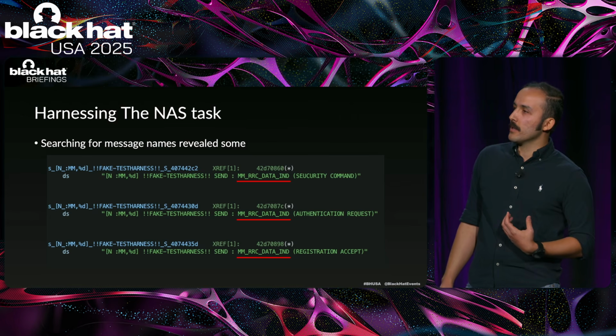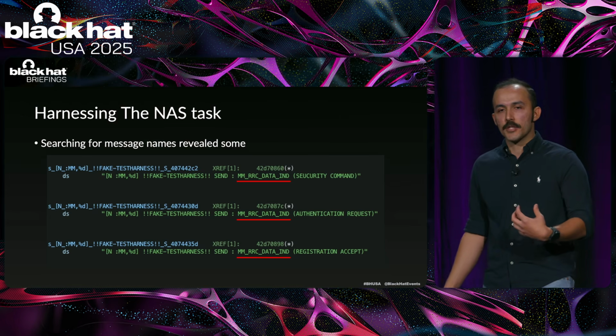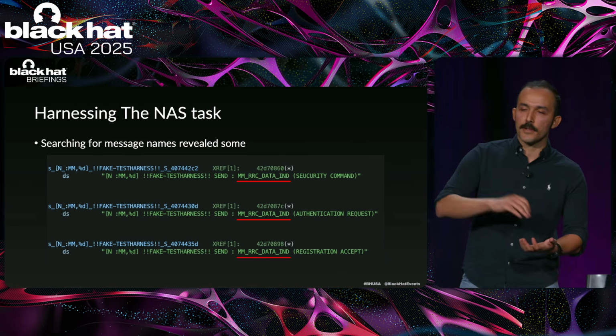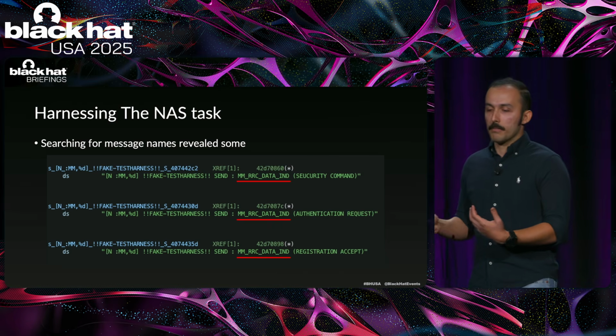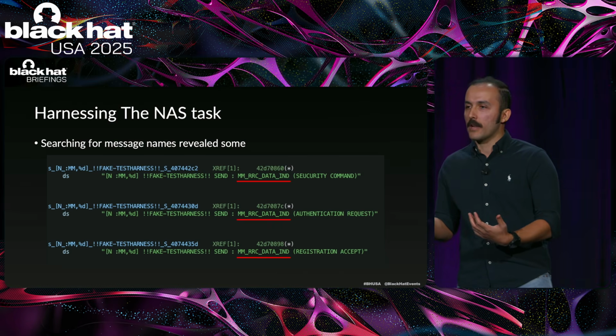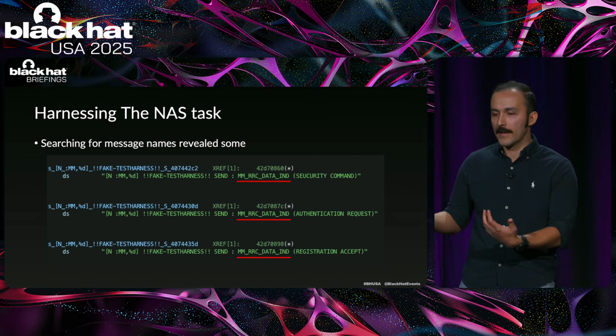From past 4G reversing, I knew that DATA_IND is the internal message name that delivers an OTA payload from the RRC layer to the NAS. So I looked at the function that uses these strings, and that way I figured out how to craft a message and send it directly to the NAS task.